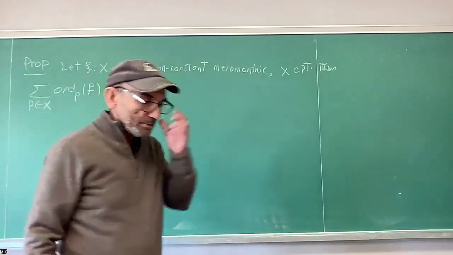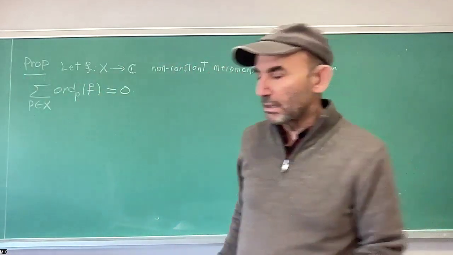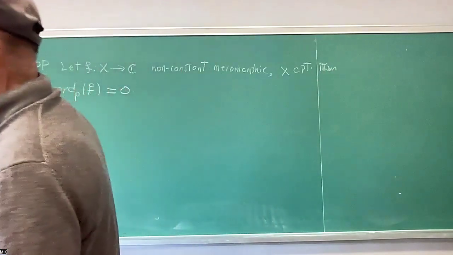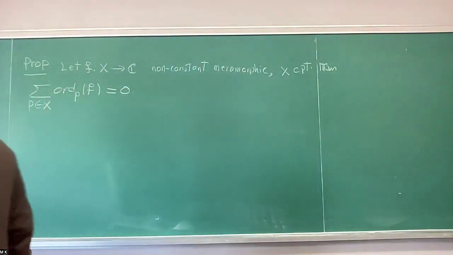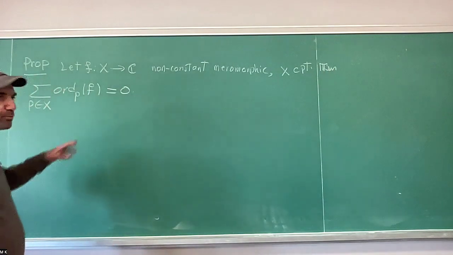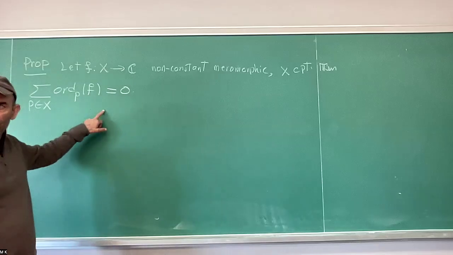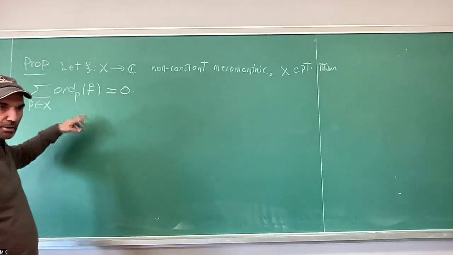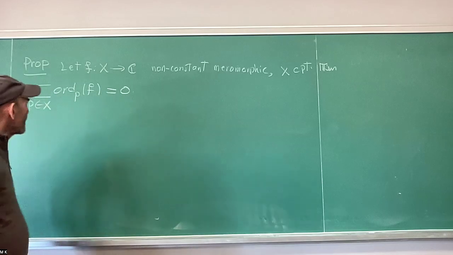And of course, this sum is finite because the order at almost all points is 0, except at poles and at zeros, where the order is not 0. Otherwise, the order is 0, right?